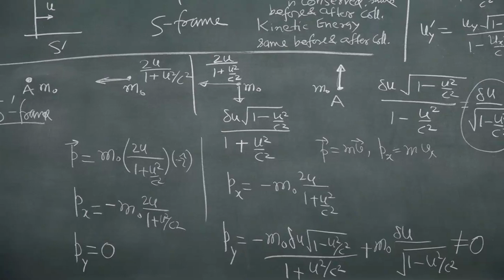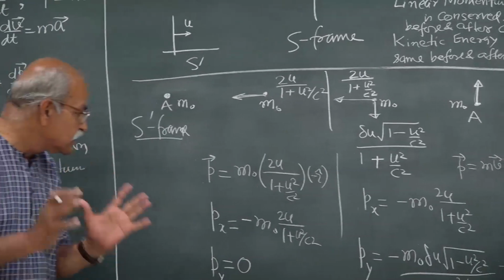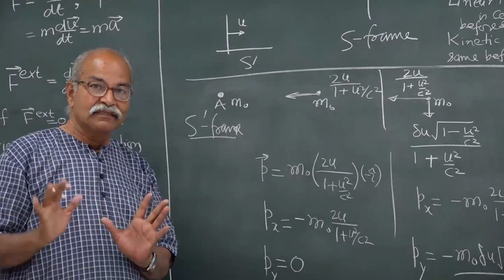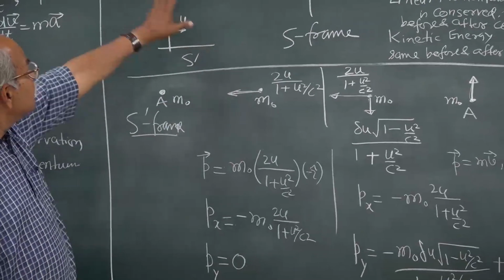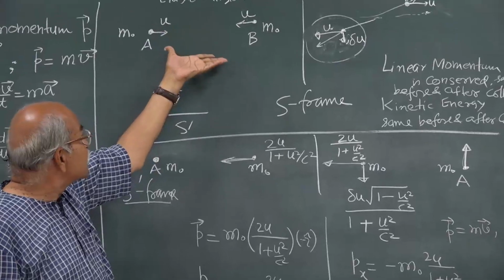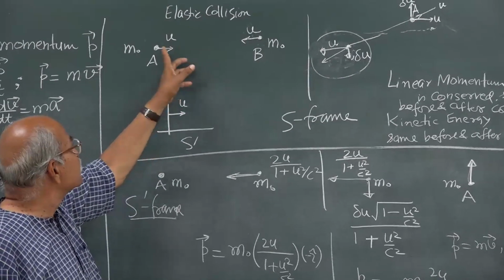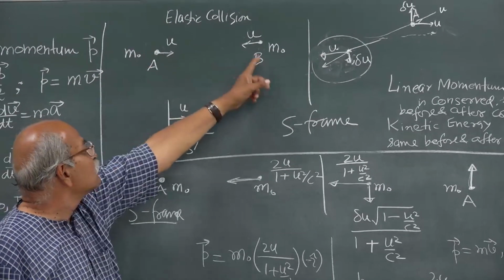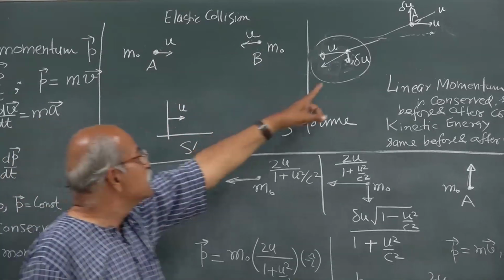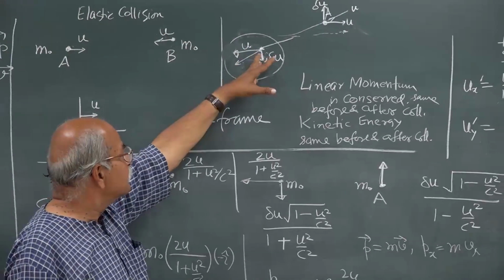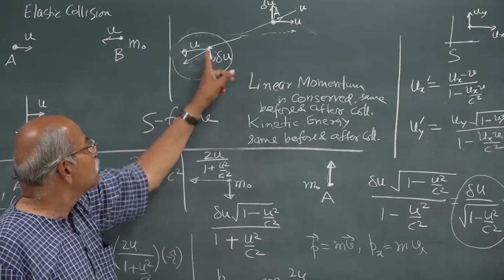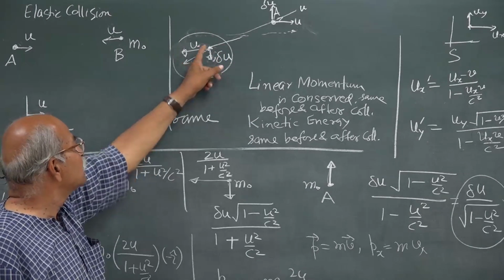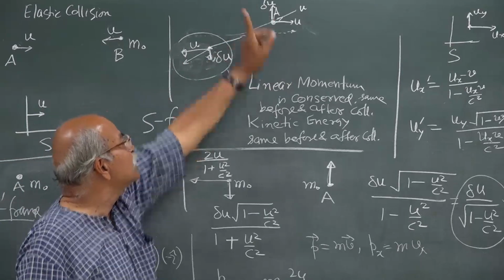Okay, so we have done the velocity transformation according to Lorentz transformation, and what we find is that if we take this specific example, mass m naught here, mass m naught here, u here, collision, and then kinetic energy same before and after, that tells me that for the first order of small quantity this will be u, this will be delta u, this will be u, that will be delta u.